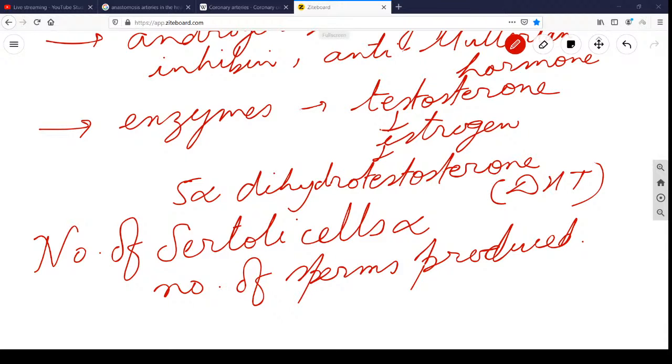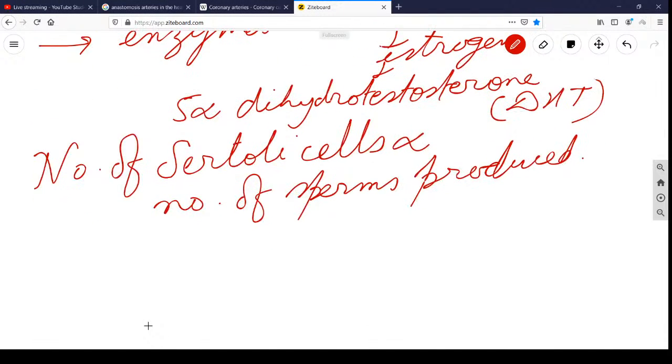Now the outer or basal surface of the seminiferous tubules is covered by a collagenous basement membrane. It is thought that this basement membrane contains some specific cells. So we know that the basement membrane is present.